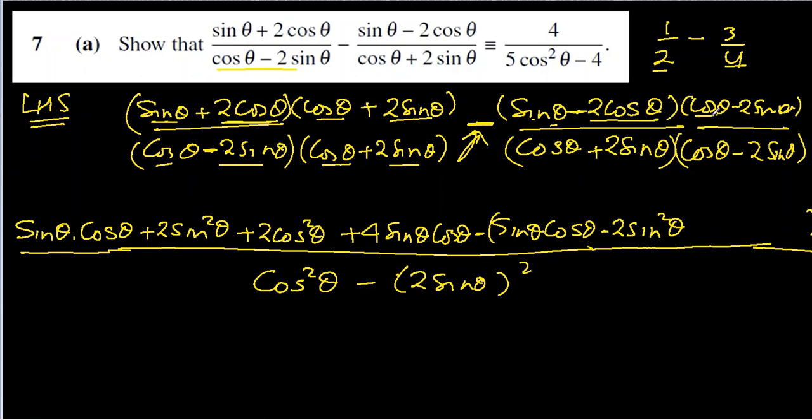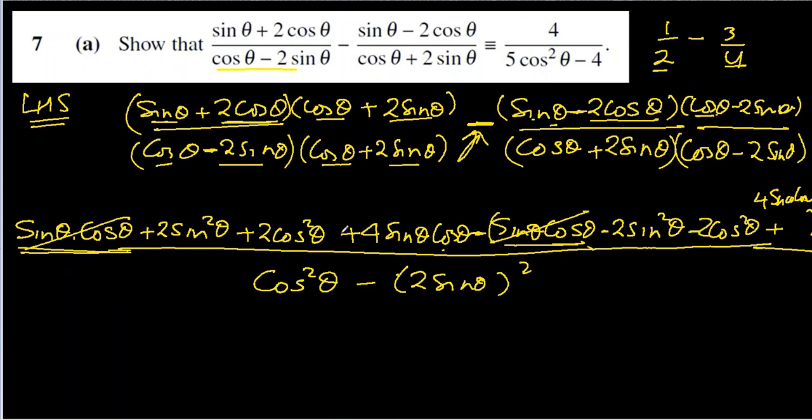Minus 2 cos theta times cos theta will be minus 2 cos square theta. And finally, minus 2 cos theta times minus 2 sin theta will be plus 4 sin theta cos theta. Now, if you look at this, this is sin theta cos theta, this minus will make this one sin theta cos theta minus. They're exactly the same, they cancel out.